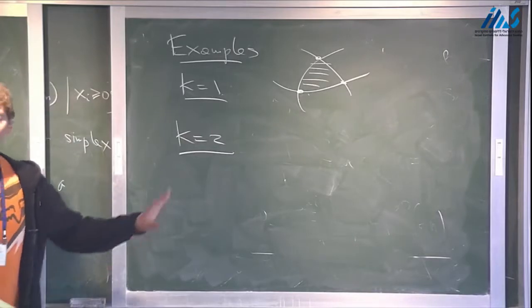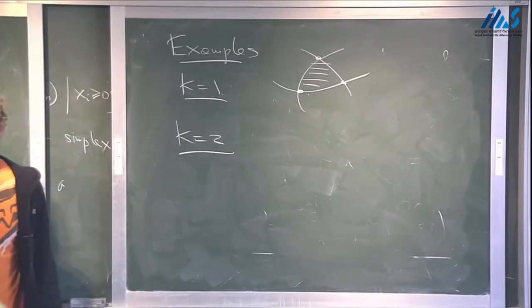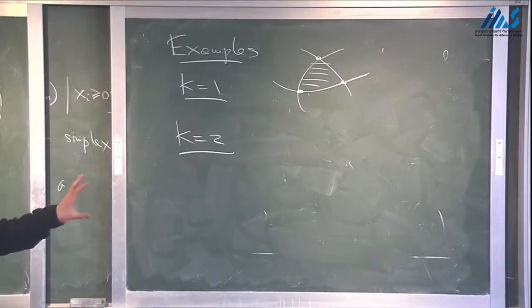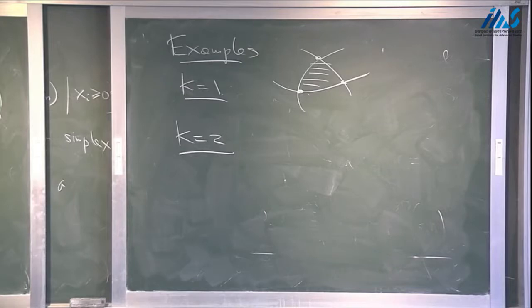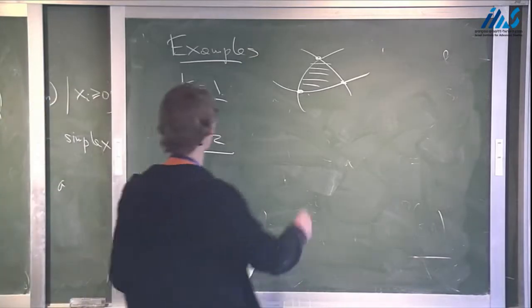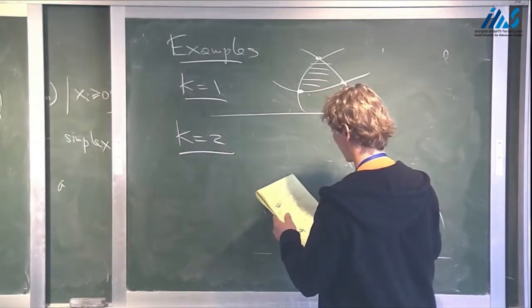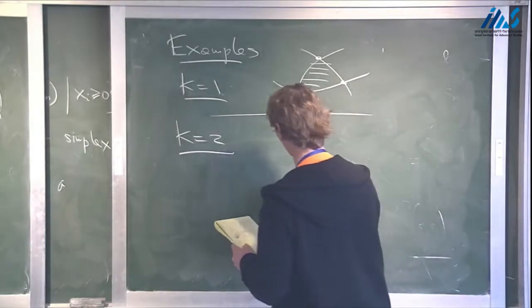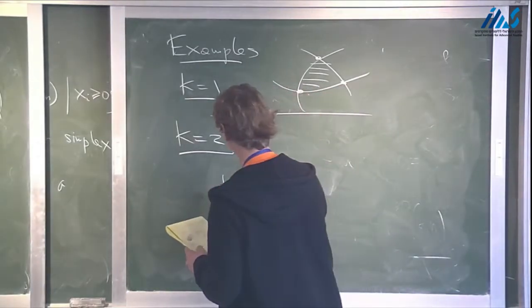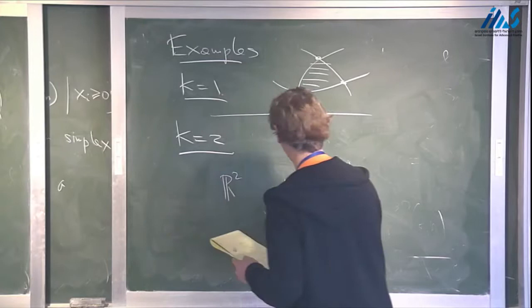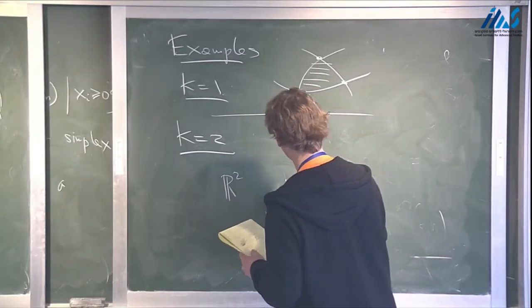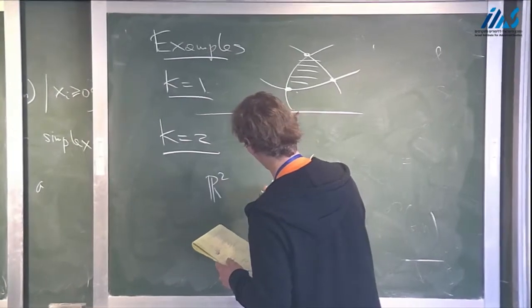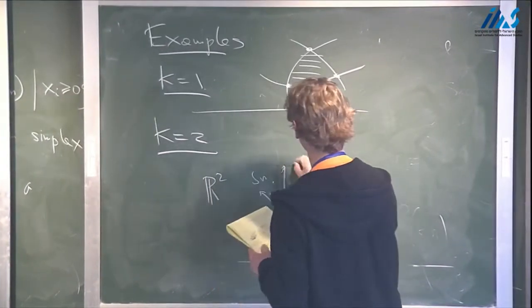Okay, case k equals 2. This case is still kind of manageable. It can be described combinatorially, but it already gives you a very non-trivial complex. So let me tell you how the positive Grassmannian looks for k equals 2. You have R^2, a plane, and you have a bunch of vectors v1, v2, and so on, up to vn.